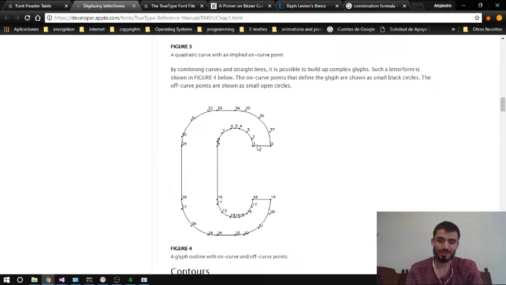We start on 0 and we just start defining the equation, this a line, this a Bezier joining with another Bezier quadratic, this a line, another Bezier quadratic, another Bezier quadratic. And if you see, we have many more control points here, like 11, 12, 13, 14, 15, 16, 17.